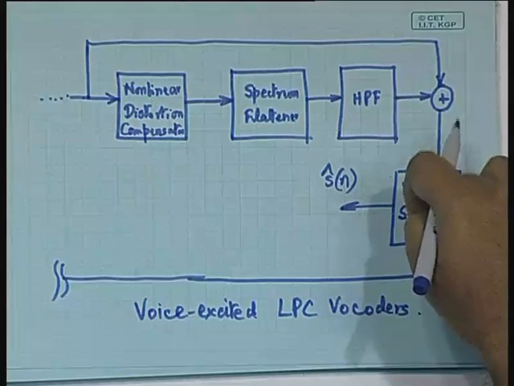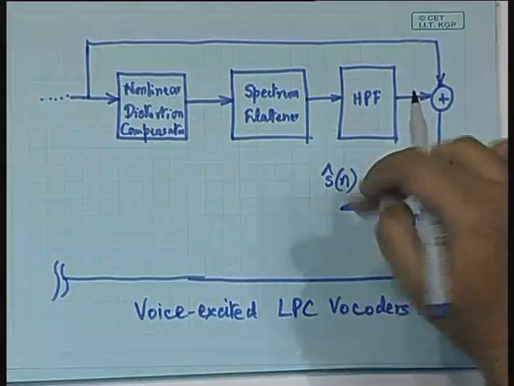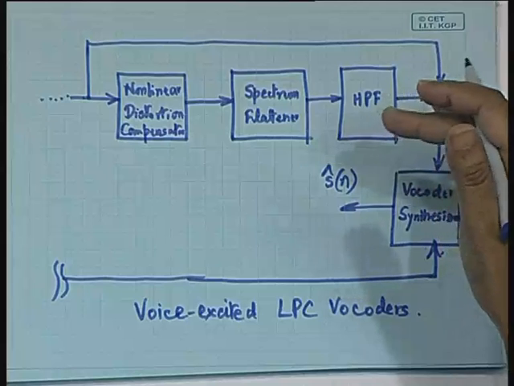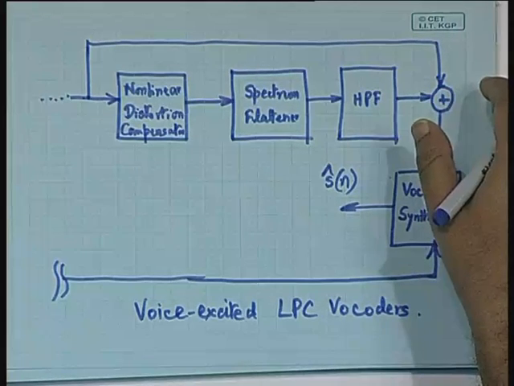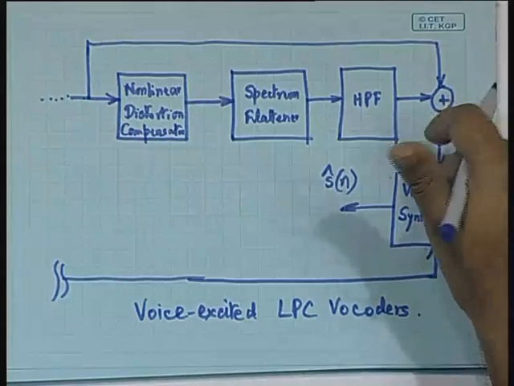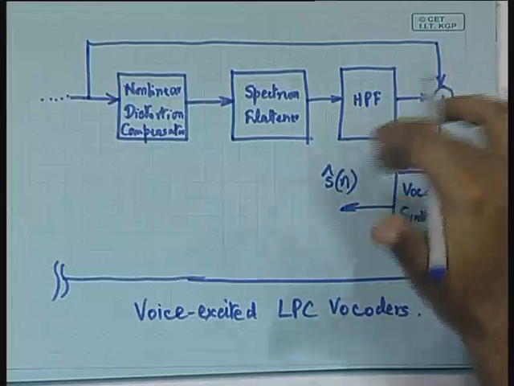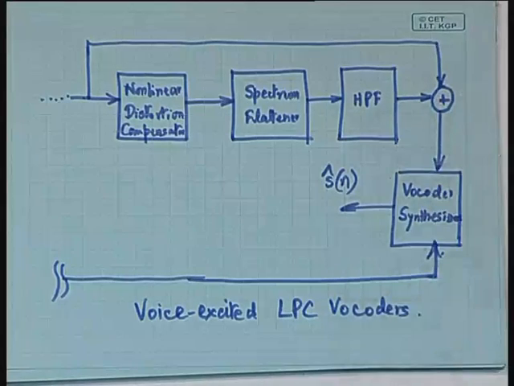One is the vocoder analyzer parameters, or the vocoder coefficients, and then it is also getting the low pass filtered version of the signal, which is coming to the vocoder synthesizer, and then it is generating the S cap of n, or rather the synthesized signal.